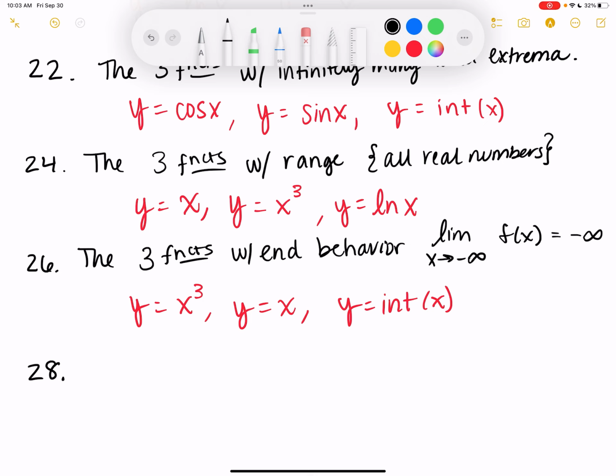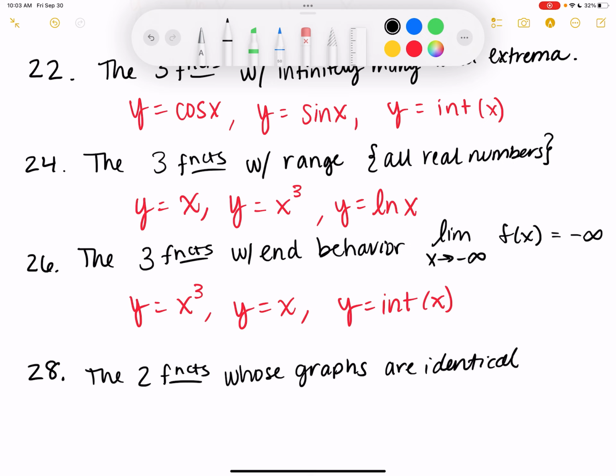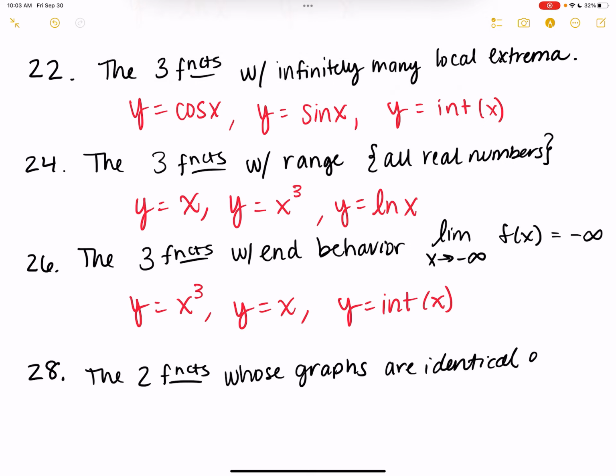The two functions whose graphs are identical except for the horizontal shift. I think I might know.